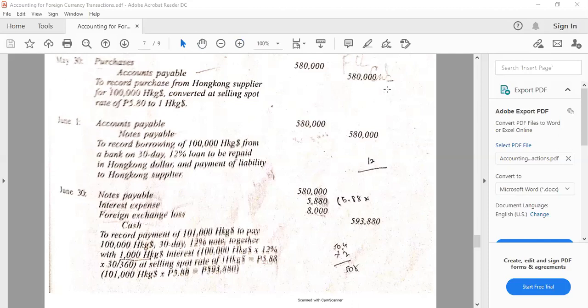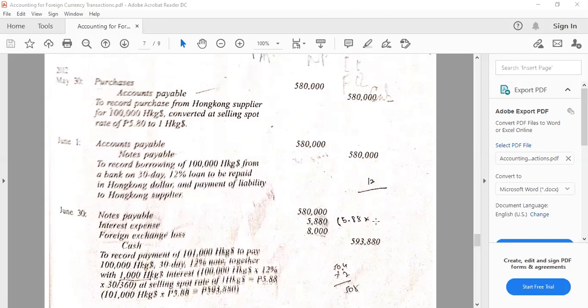So 30 days from May 30 to June 30. No loss yet on the interest, but for the principal there is. That's 0.08 difference times 100,000, and that's 8,000. The note payable is the principal, and the cash is, of course, 101,000: 100,000 principal, plus interest of 1,000 times 5.88. So that's how we got June 30.